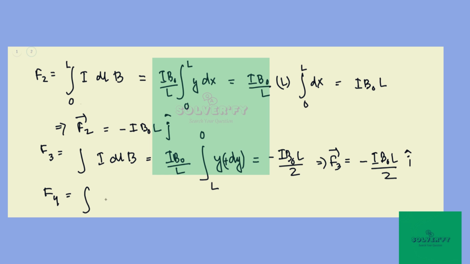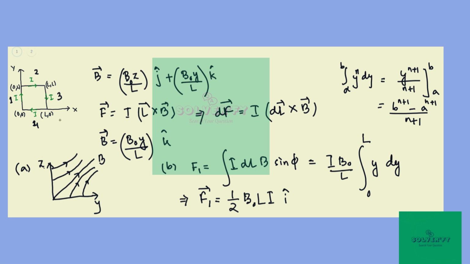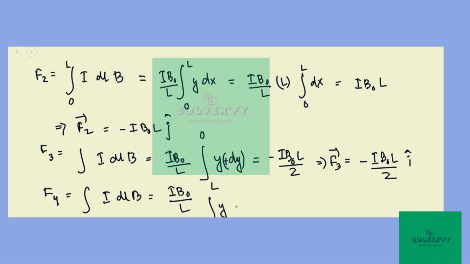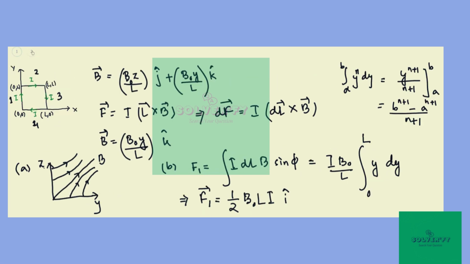Now we find F4, so that is I times dl times B again, and the constants come out of the equation, and we have a y from the magnetic field, and dl is dx again, and we have the limits from L to 0.